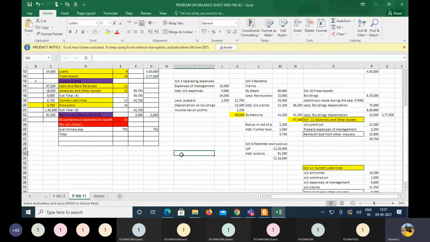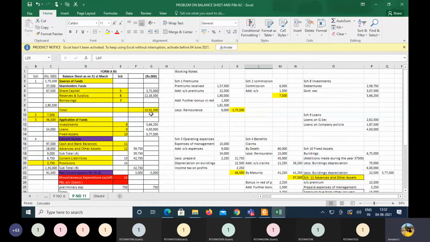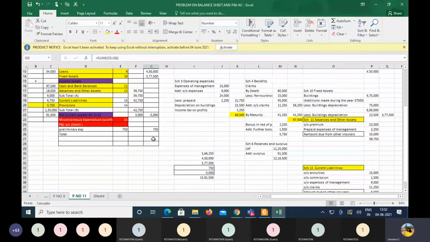I'm doing it separately here. Whether it works or not. Got it? 15 lakhs 91,500 exactly.